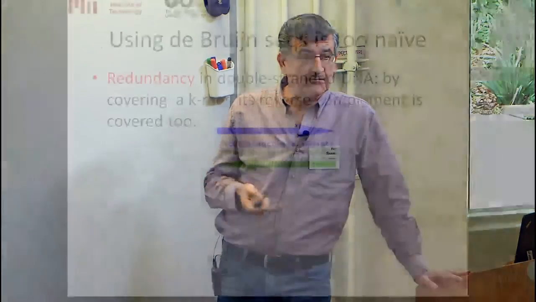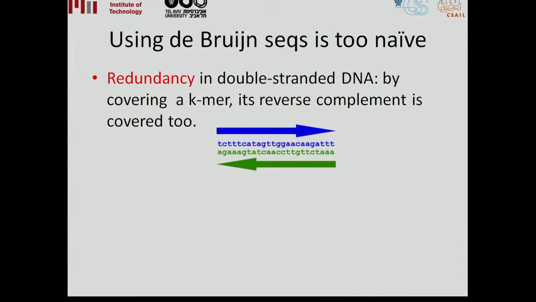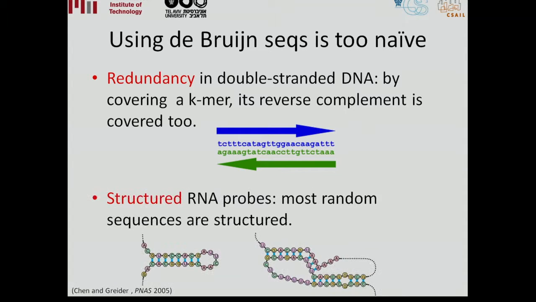So whenever we design the blue sequence to cover all k-mers, we are in fact also covering all these k-mers using the other strand. So any k-mer that we generate on the blue sequence gives us for free the green segment in the reverse complement.